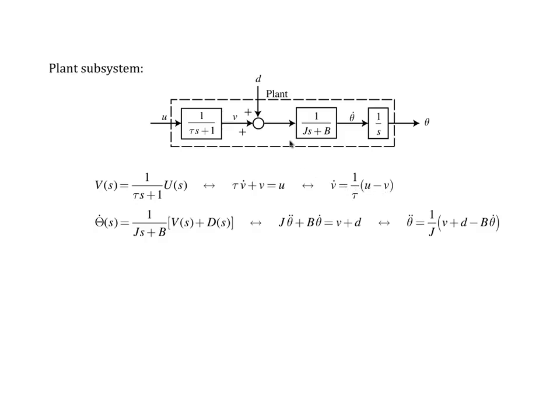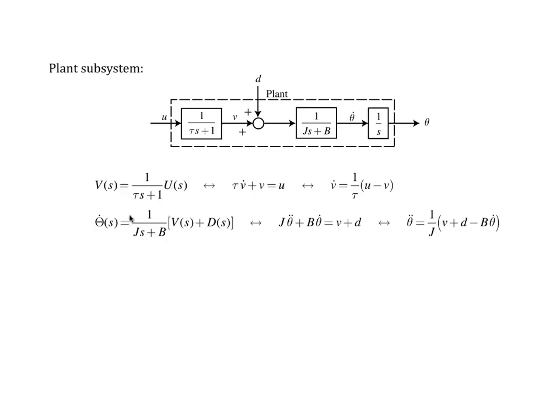Similarly, for the rest of the plant involving the disturbance input d and the actuator signal v, those dynamics are described in the Laplace domain by theta dot of s is equal to 1 over js plus b times v of s plus d of s.